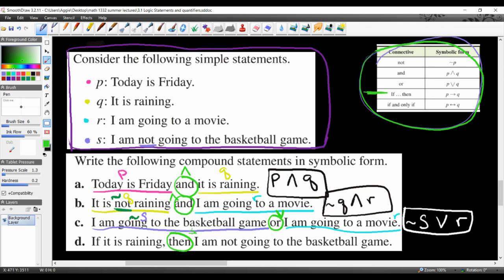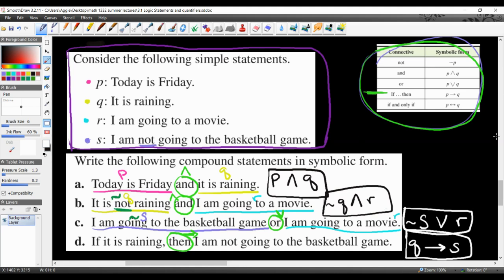Okay, so it's arrow. For this one, it looks like I have, if it is raining, so that's going to be Q. Then is the arrow, just one way only. I am not going to the basketball game. That would be S. And that's it. That would give us our symbolic form for these sentences.